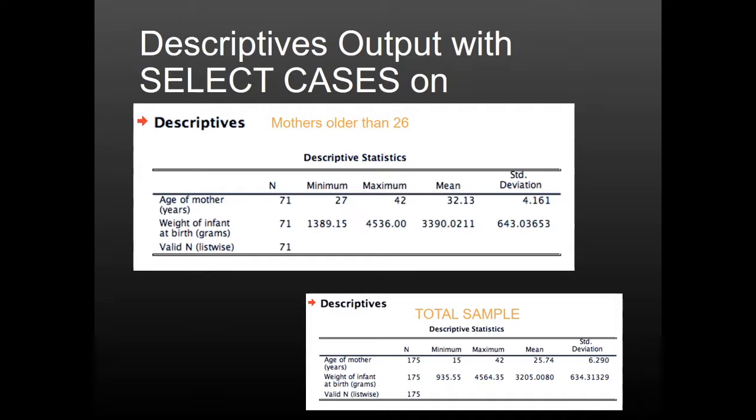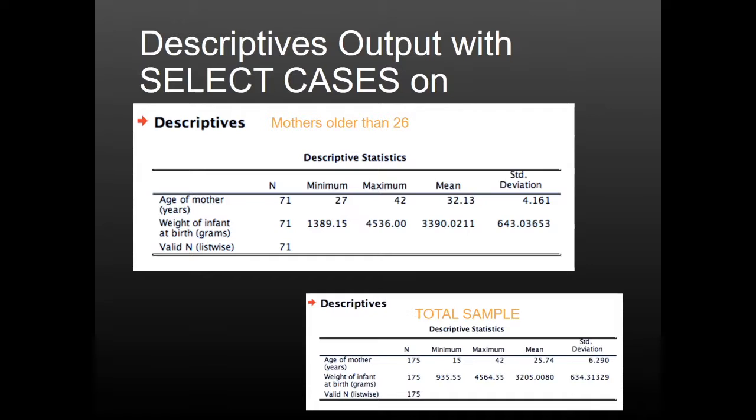Here we have an example of what the select cases descriptives look like. On the very bottom towards the right, I have the descriptives for the total sample. In this case, it's descriptives of the age of the mothers as well as the weight of the infant at birth. In the total sample, there are 175 individuals. The minimum age is 15, the maximum is 42.